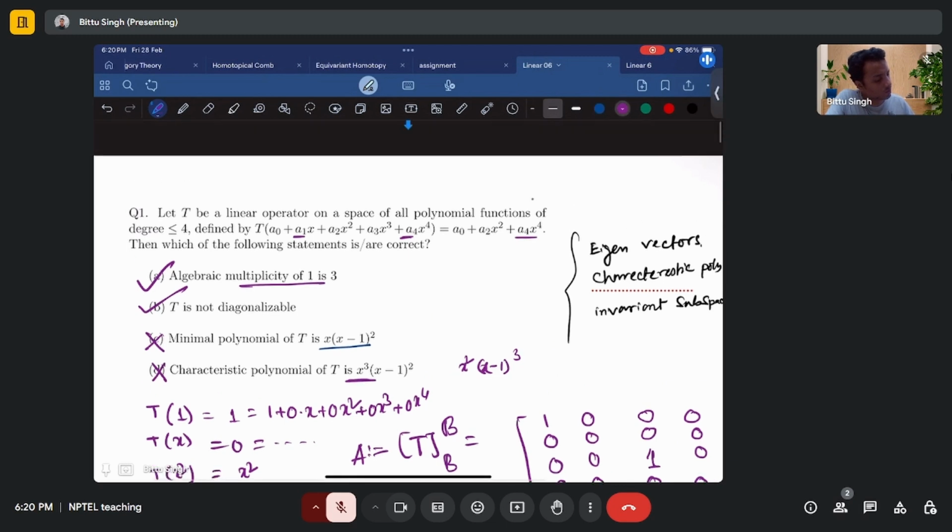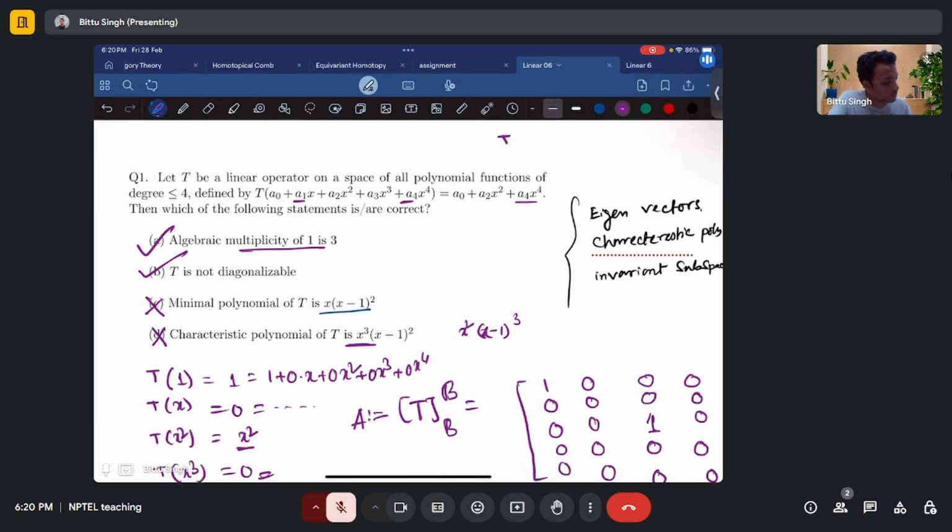So suppose T satisfies a polynomial equation, and this is the lowest degree polynomial which satisfies it. A polynomial equation will look like a_i T^i + a_{i-1} T^{i-1} + ... + a_0 T^0, which is the identity matrix, equal to 0.